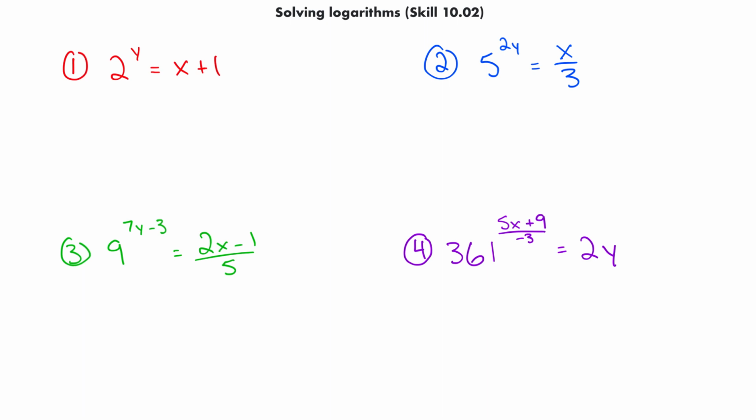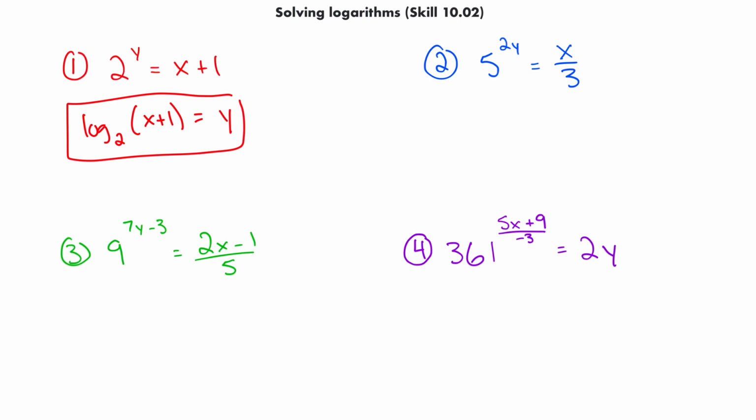This is a problem we can actually just do in one step. This would turn into log base 2 of x plus 1 is equal to y. I just did the conversion, and now I just need to isolate y. Y is already isolated. That's the answer.